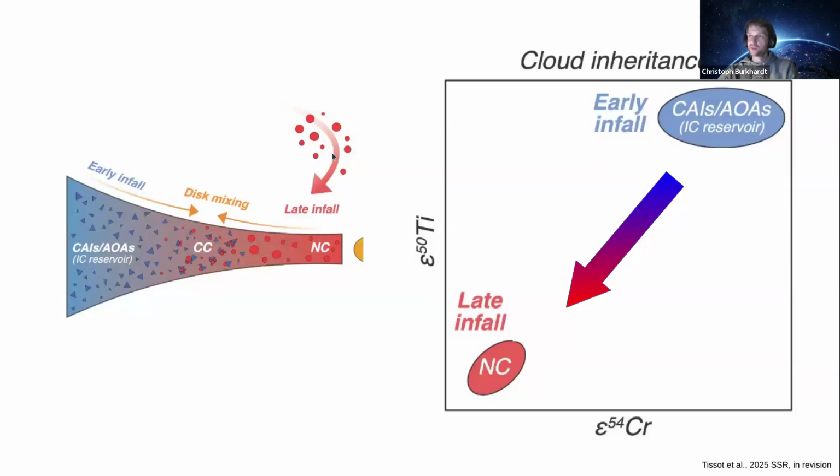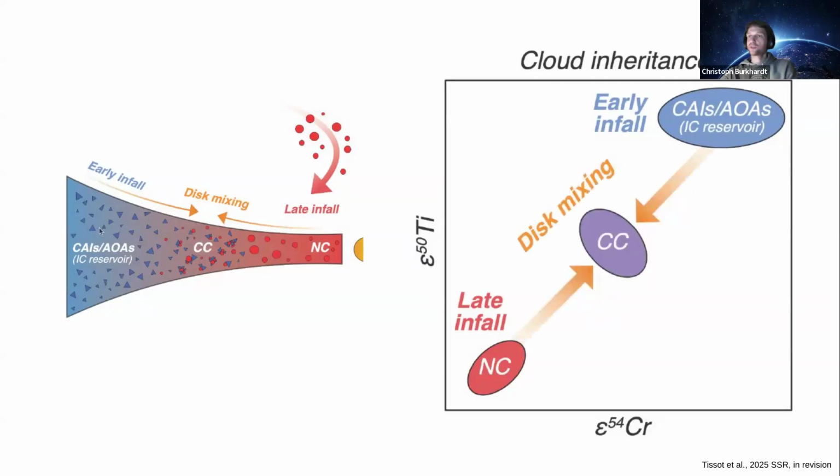And as infall is always strongest close to the center of gravity, this will dominate the inner disk. So the CC material in this scenario is a mixture between early infall, which is dominating the outer disk, and late infall, which is dominating the inner disk.